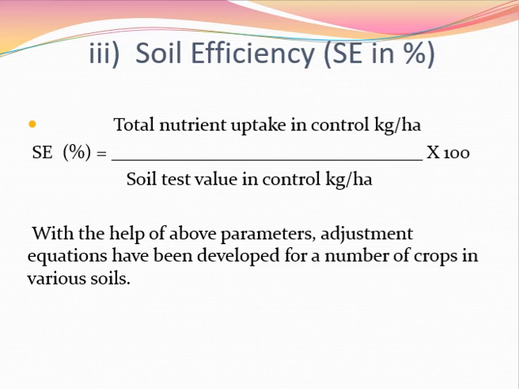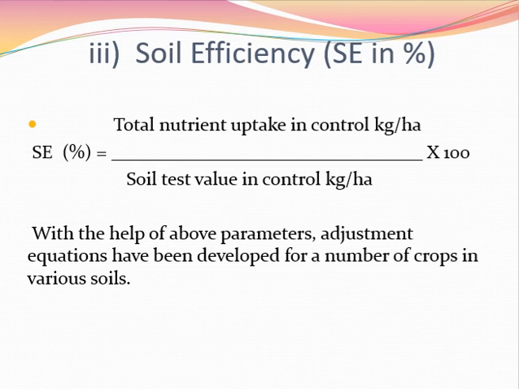Then soil efficiency is calculated as total nutrient uptake in kilogram per hectare divided by soil test value in control in kilogram per hectare into 100.